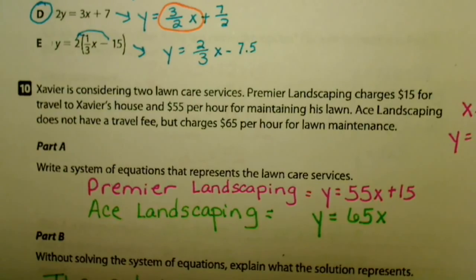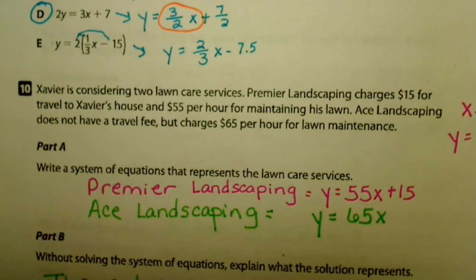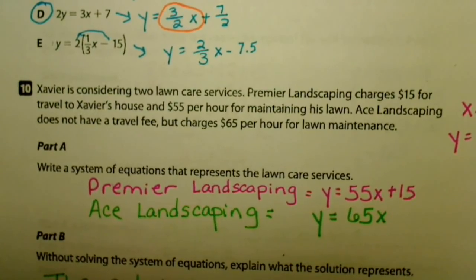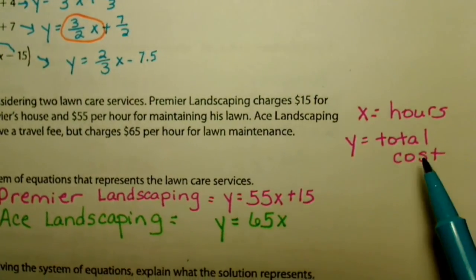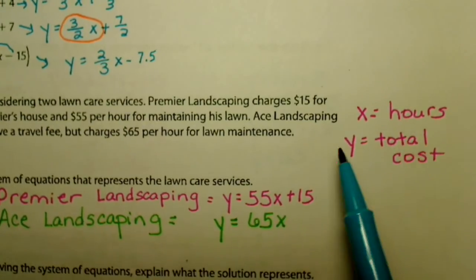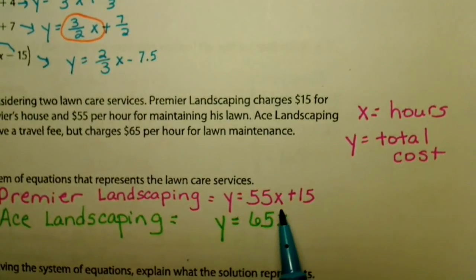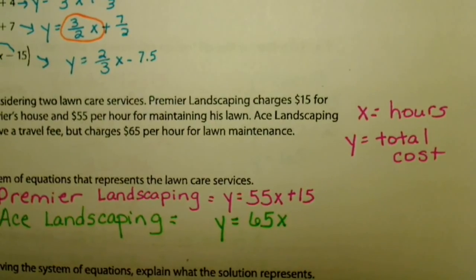And then Ace Landscaping does not have a travel fee, but charges $65 for lawn service per hour. Always stop and think, what are your x and your y? What do they represent? Our x is hours, because it's $55 per hour, $65 per hour. And y is the total cost.